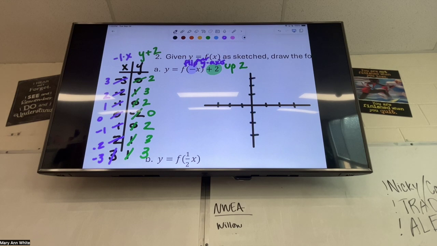These are my new points on my new graph. Here, 3, 2, 0, 2, 2.